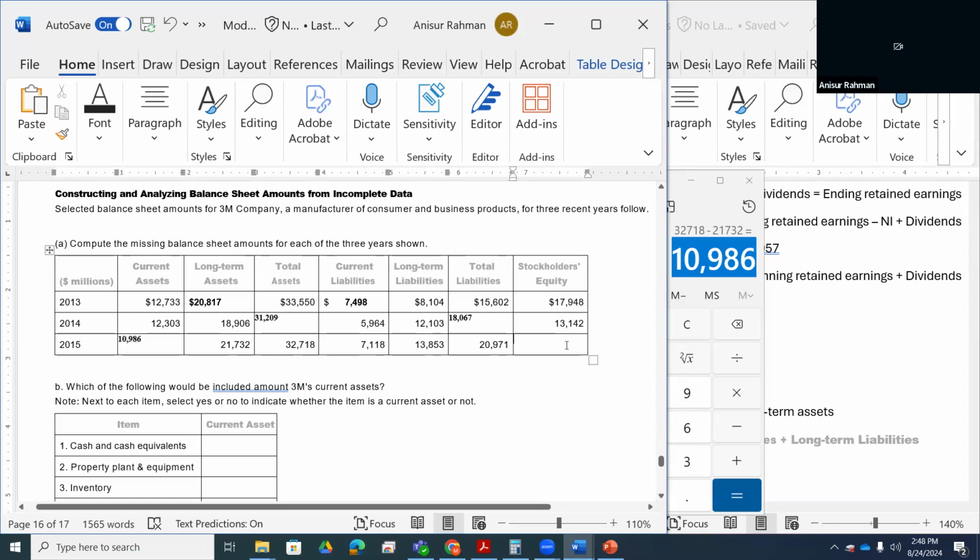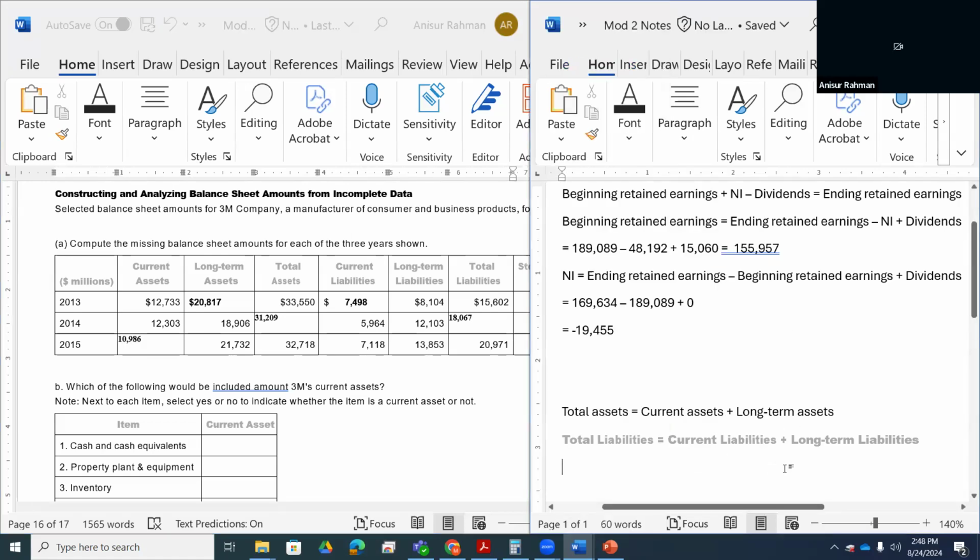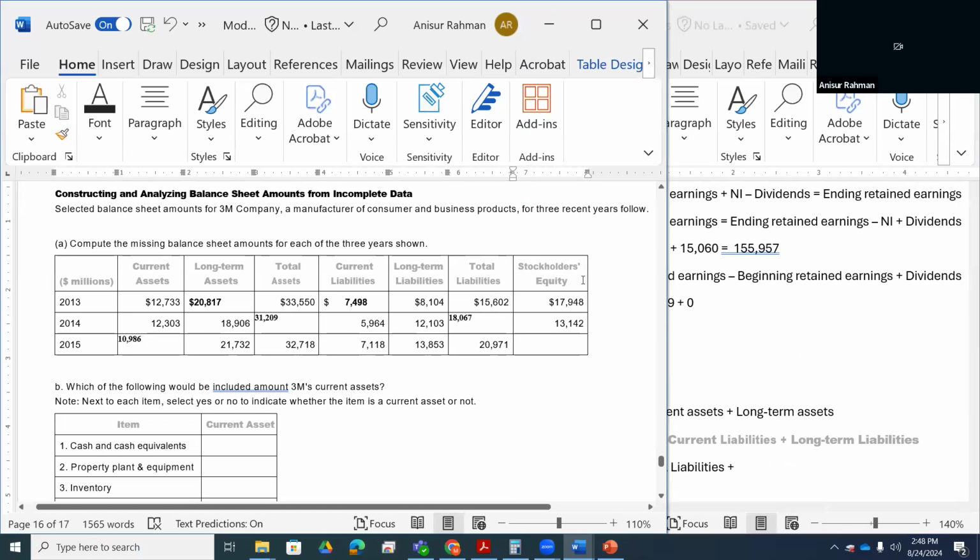We need to find out stockholders' equity. So another equation to remember is your total assets is equal to total liabilities plus stockholders' equity.